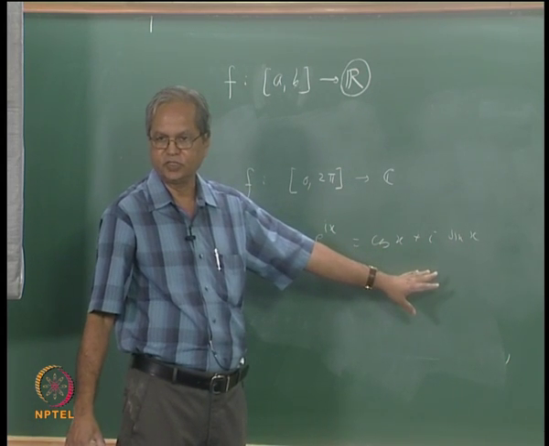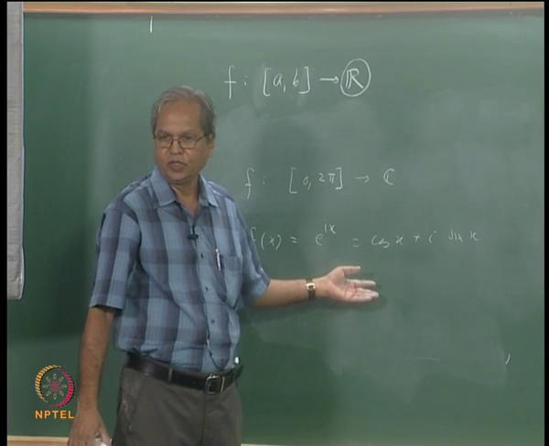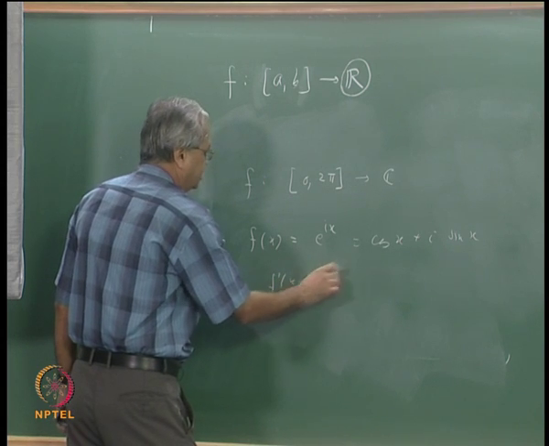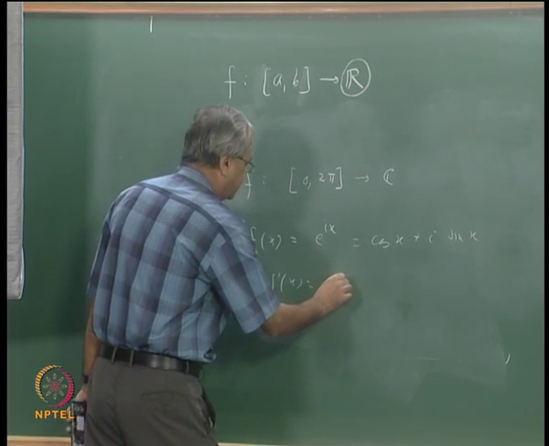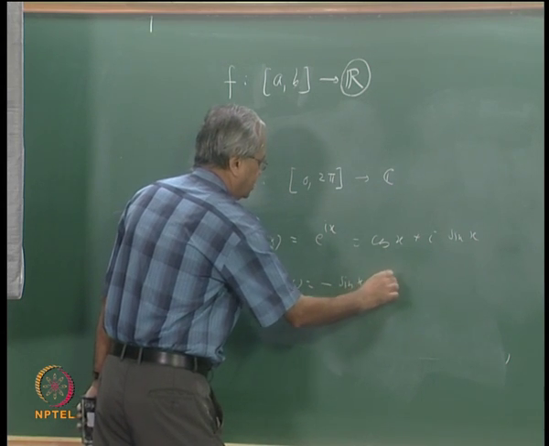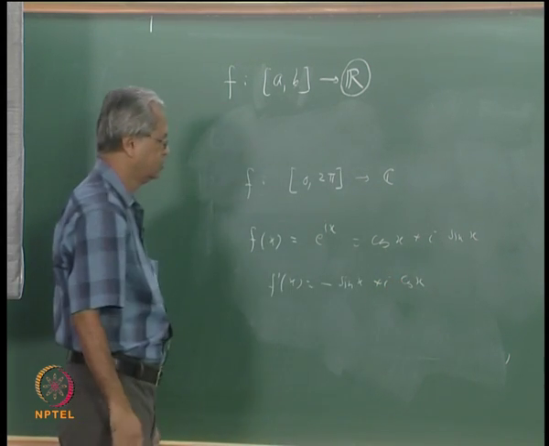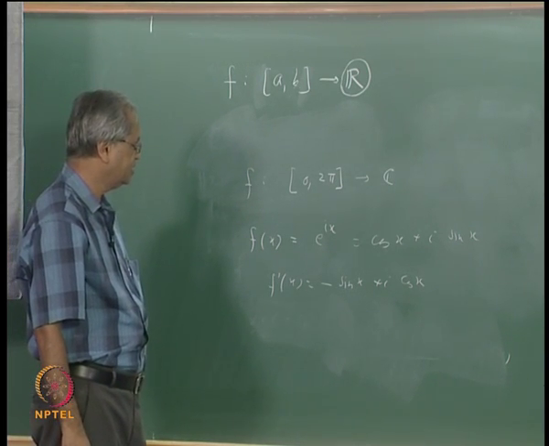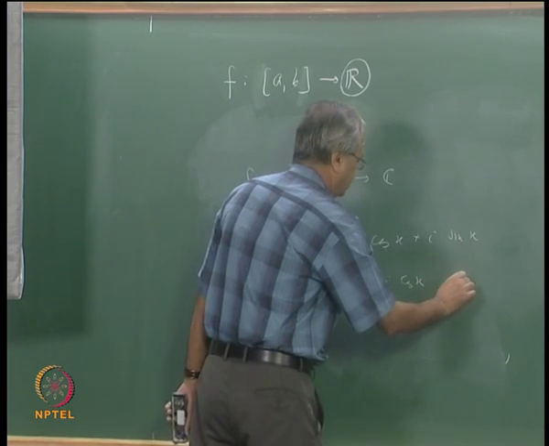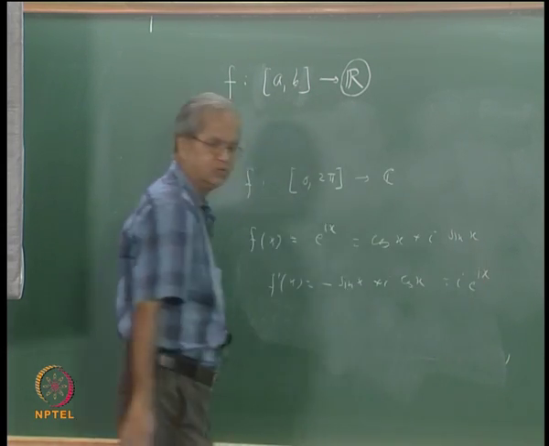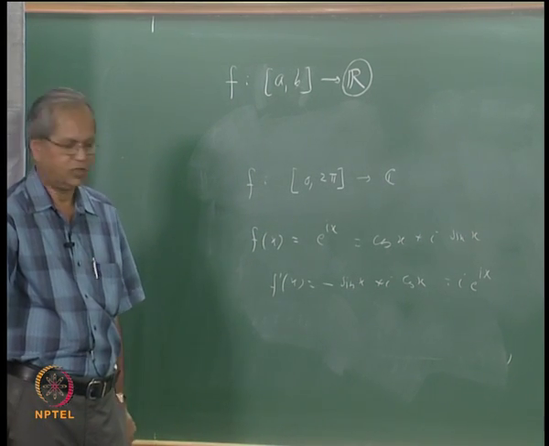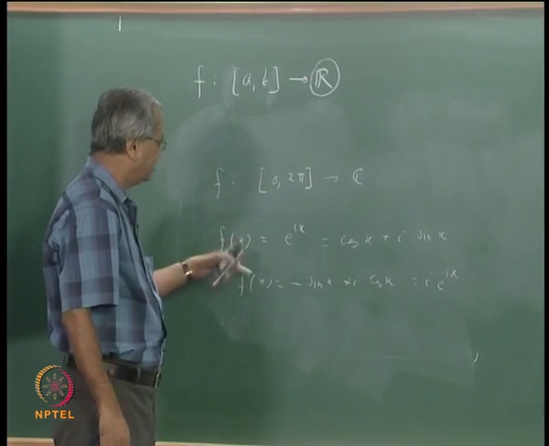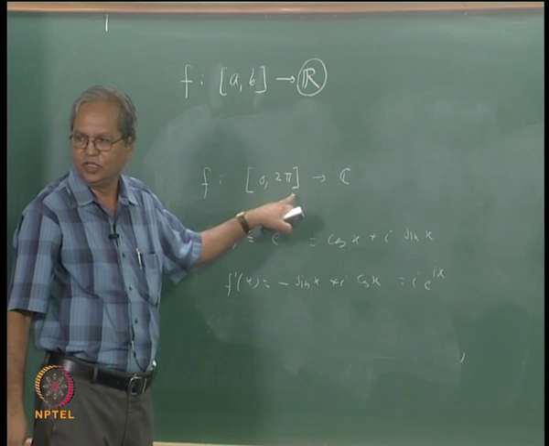Those are well known differentiable functions, and we can also say what the derivatives are. f prime of x is the derivative with respect to x, so that is minus sin x plus i times cos x, and you can see that that is the same as i times e to the power i x. So it is continuous on the closed interval, in fact differentiable everywhere, but we are only looking at this interval.